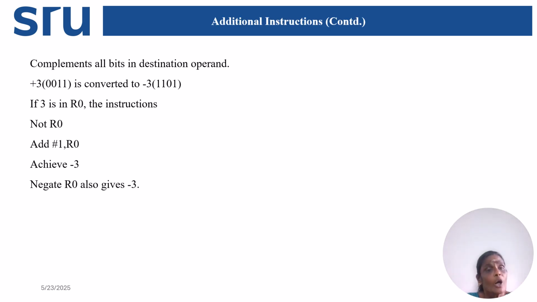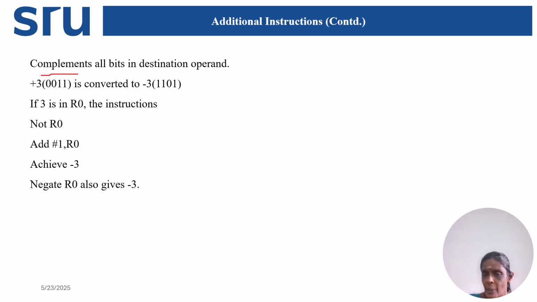And next one, complement. It is also equivalent to not. So you can say complement or otherwise not. Complement means you can use negative numbers. Complement all bits in the destination operand. So what is the meaning? Plus 3 is converted into minus 3.